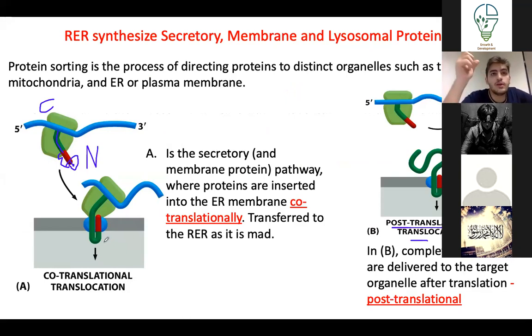But for instance, when an enzyme wants to get into the peroxisome, the whole polypeptide is formed, it's done, it leaves the ribosome, and then the recognition sequence is recognized by the peroxisome. So after translation, while in the rough endoplasmic reticulum, it's a co-translational translocation. Makes sense?